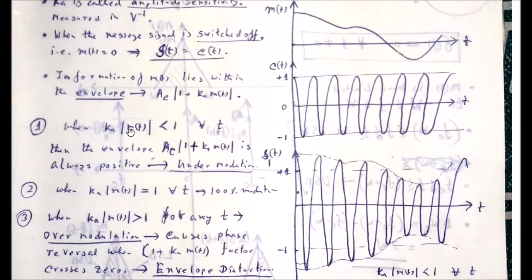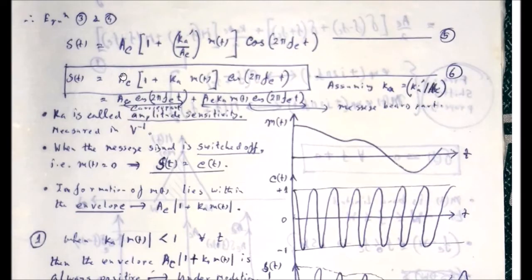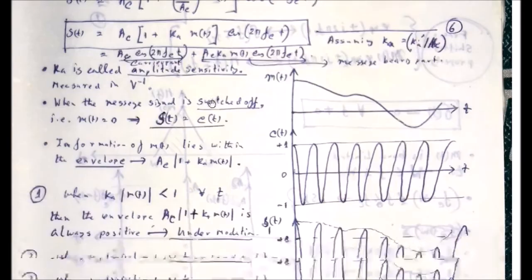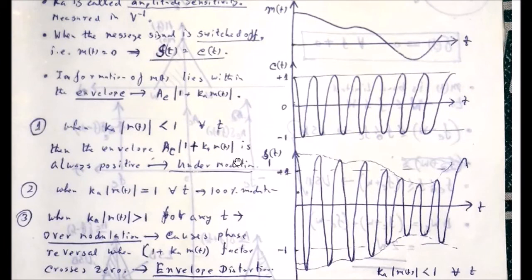Now consider the term Ka modulus of m(t). Here m(t) may be either positive or negative at any instant of time, so that's why I am considering the modulus. If this term's modulus, that means the value, is less than 1, then you can surely say that this whole term will always be positive.